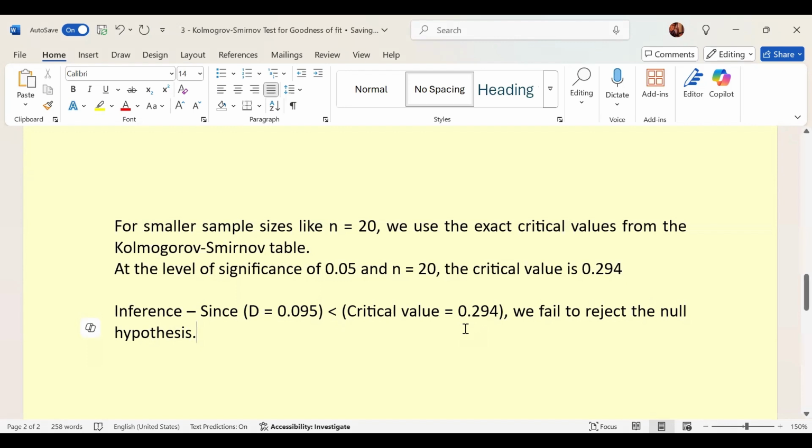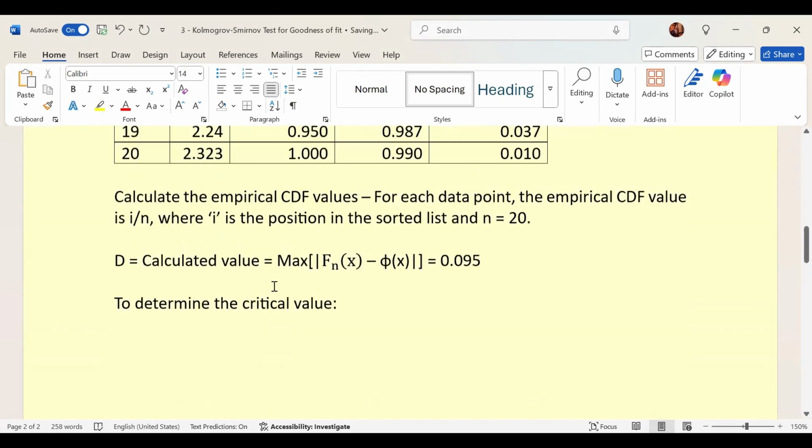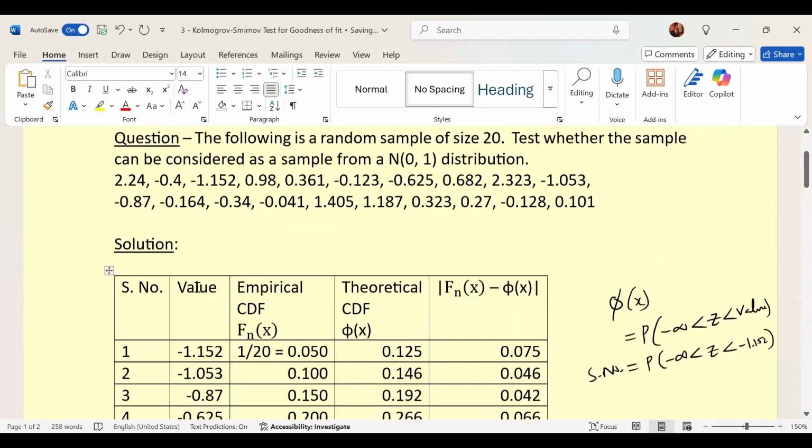I didn't write the hypothesis. The hypothesis should have been written.